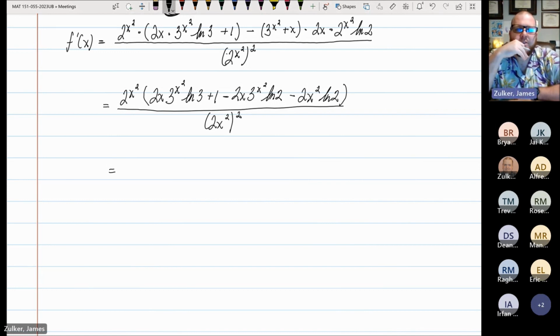I don't think it's going to really matter. What I'm going to do is group the terms with the 2x, 3 to the x squared together.